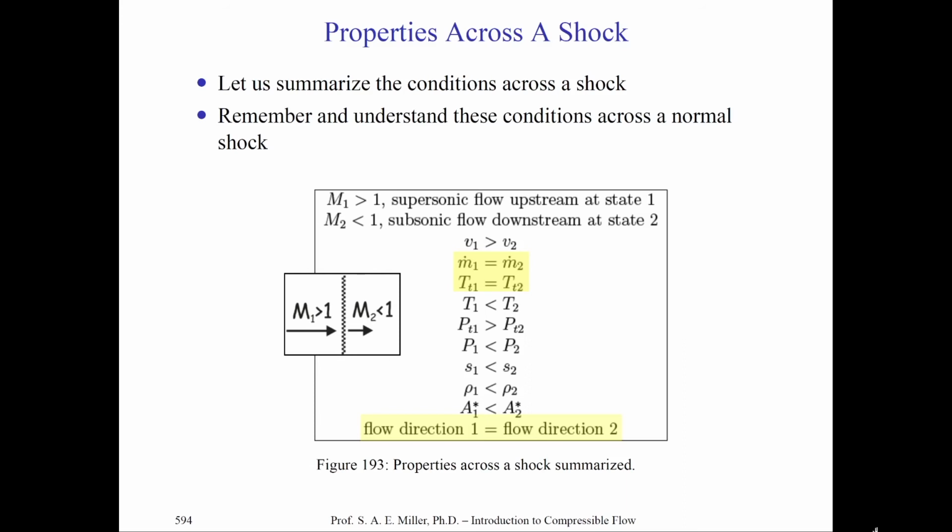The static temperature after the shock increases, the total pressure decreases, the static pressure increases, the entropy must of course increase. The density increases, and A2 star is larger. This is a very important point for supersonic wind tunnel operations, which we'll talk about more soon.